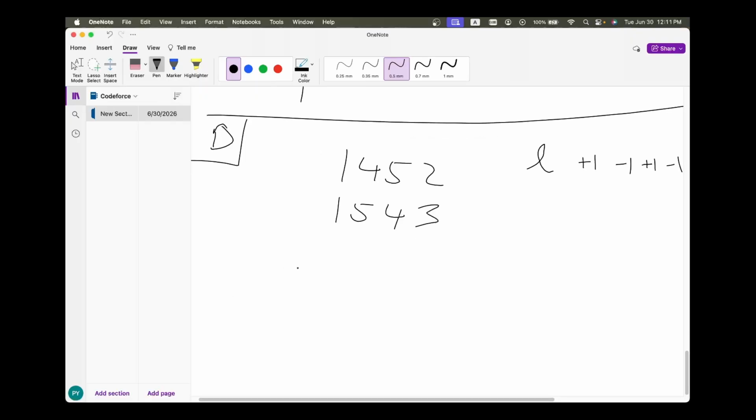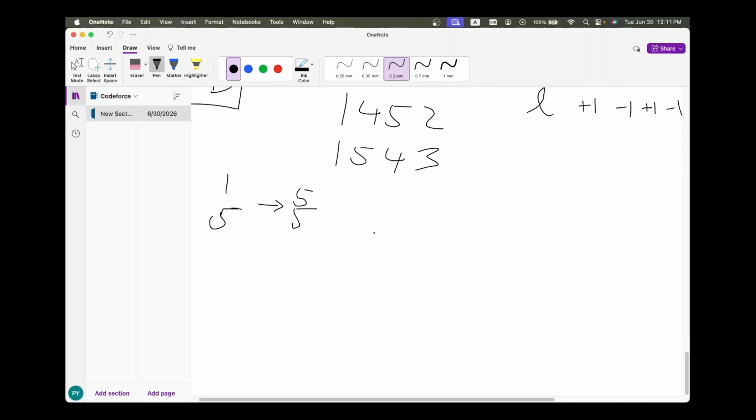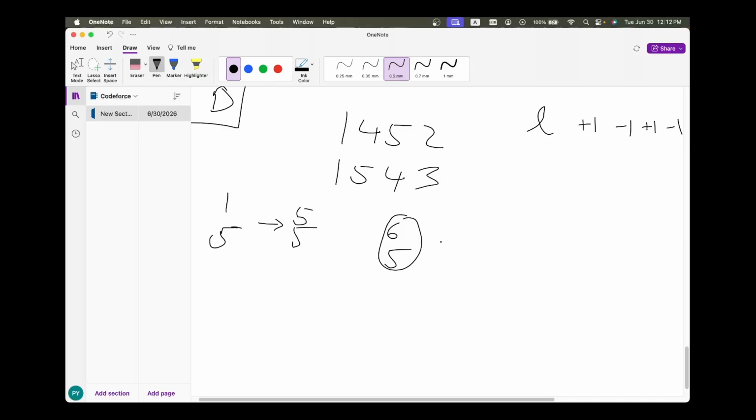In the simplest case, if you have something like 1, 5, you can do this 4 times and make this 5, 5. Easy. On the contrary, if you have something like 6, 5, you have no chance of doing anything against this 6. It's already too big. And there's no way to make it smaller because you can't select L equal to -1.